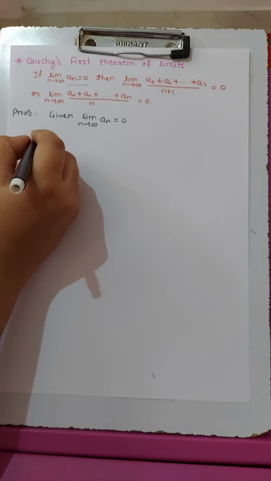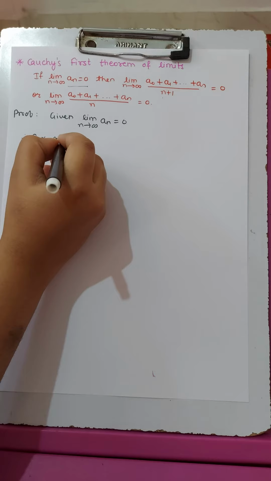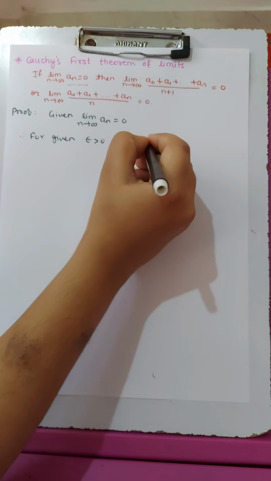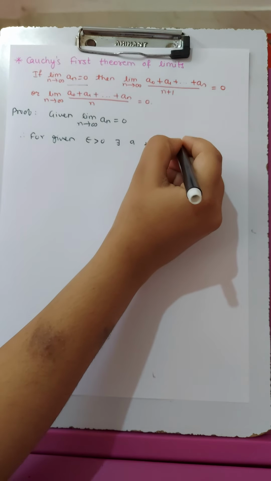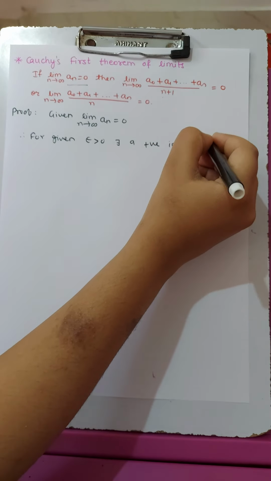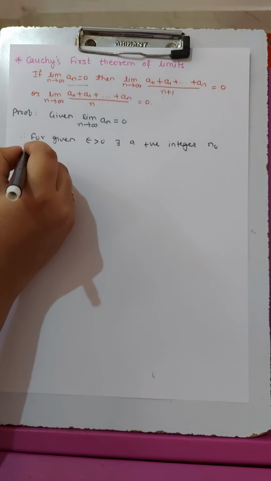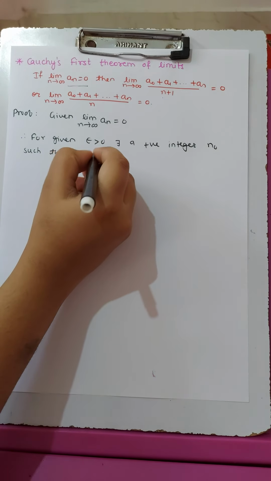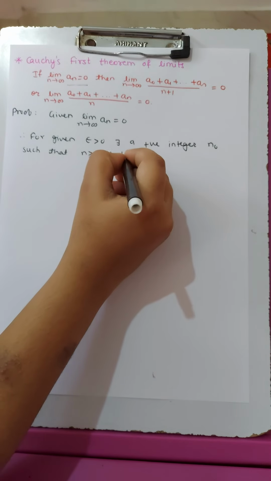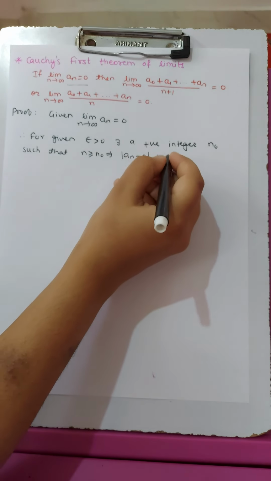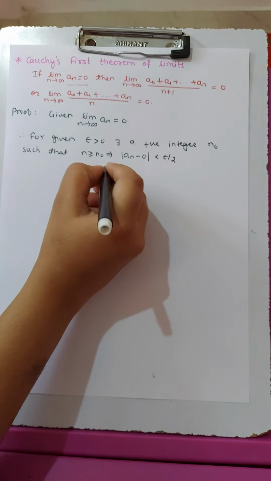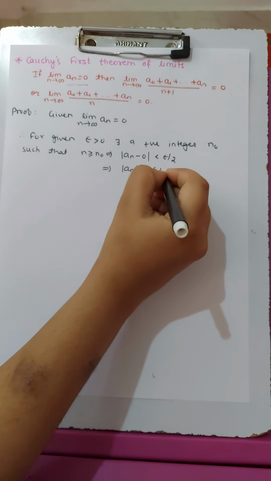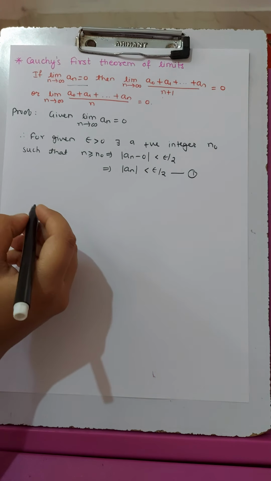Therefore, for given epsilon greater than 0, there exists a positive integer, say n0, such that n greater than n0 implies that |an minus 0| is less than epsilon by 2. This implies that mod of an is less than epsilon by 2. So let it be number 1.